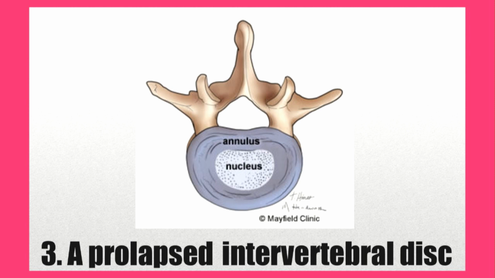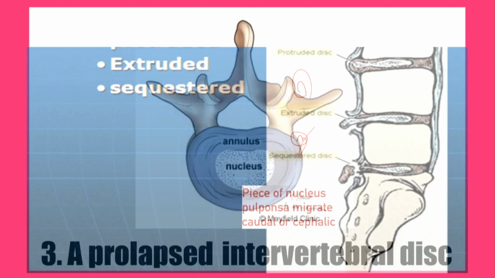We have the disc material composed of a central part called the nucleus pulposus, a mucoid material surrounded by a thick fibrous layer called the annulus fibrosus. Disc prolapse occurs when this nucleus emerges from the torn annulus fibrosus.